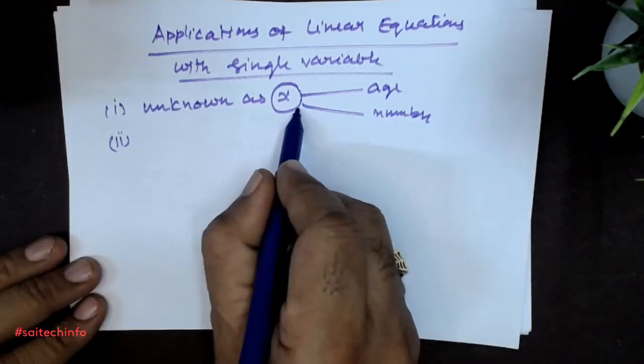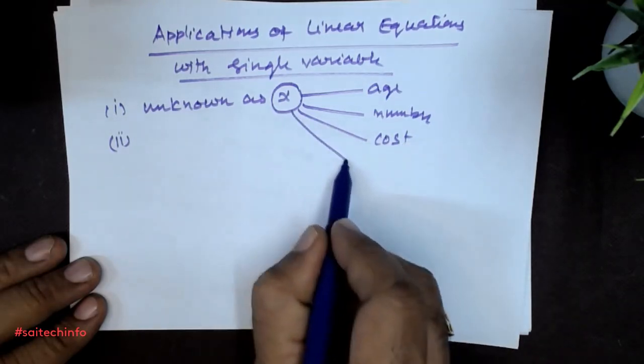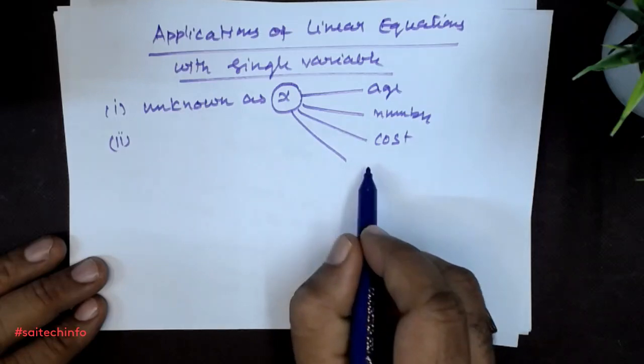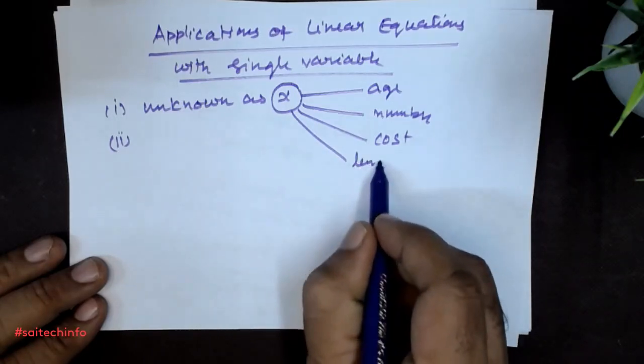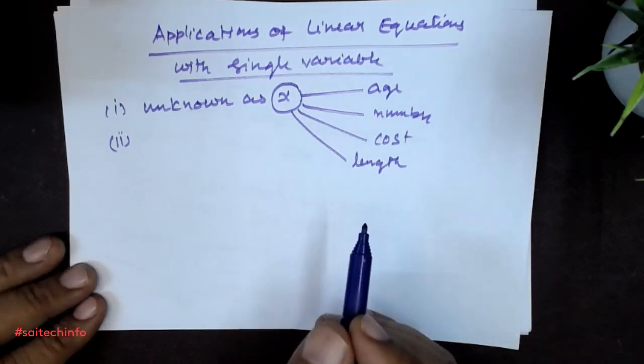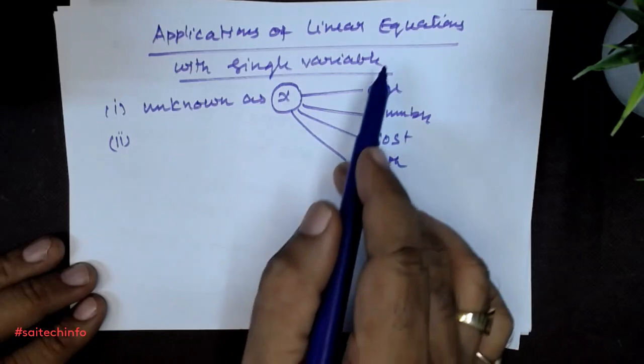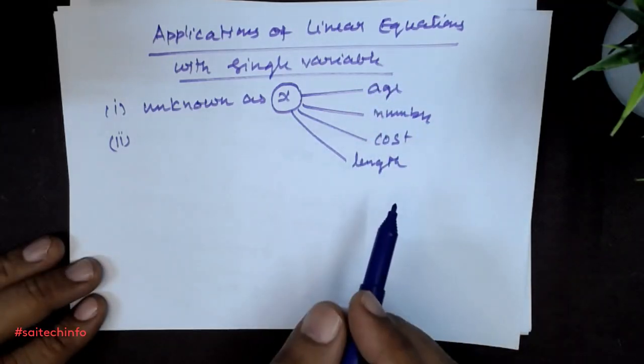Then sometimes cost or length or breadth parameter, etc. So it can be of variety of things. These are all the various variables, but they are represented as x.